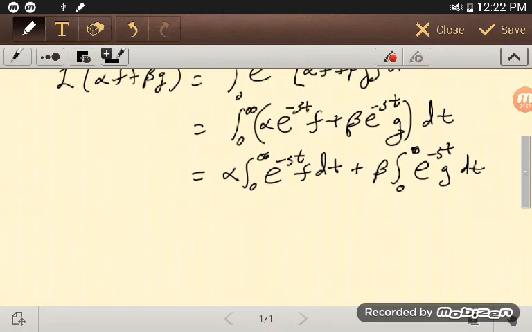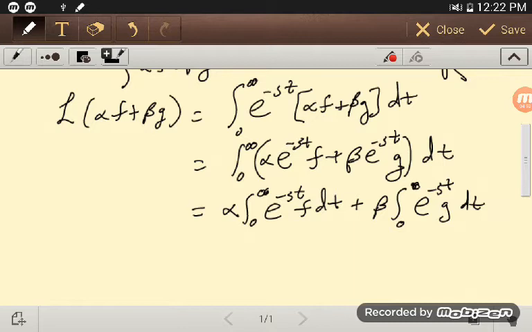And so now this first part is just alpha times the Laplace transform of f, and then plus beta times the Laplace transform of g.